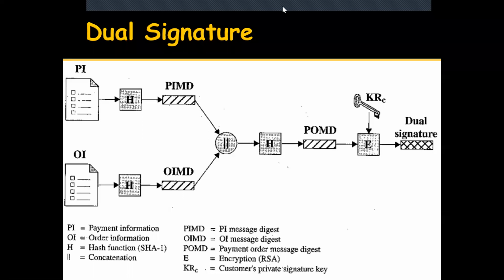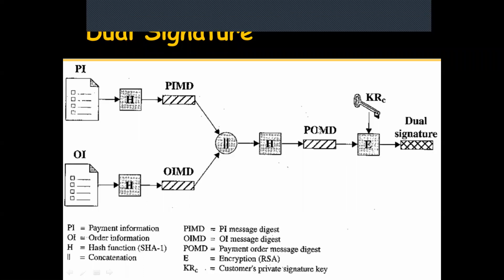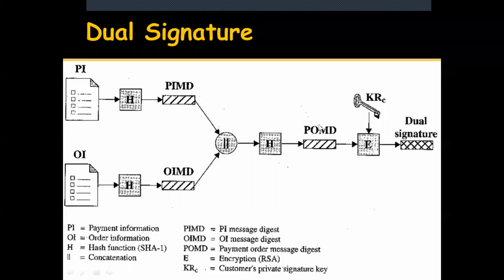This payment order message digest is encrypted with the key KRC, which is the customer's private signature key. You can use RSA also. So using the customer's private key, this POMD is encrypted, and that is what we call the dual signature. Are all of you clear with the dual signature?